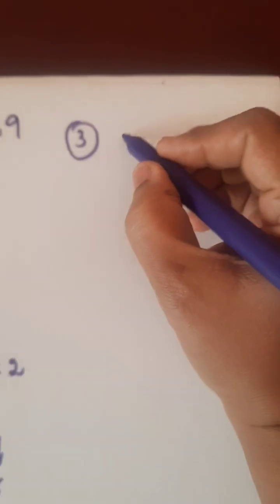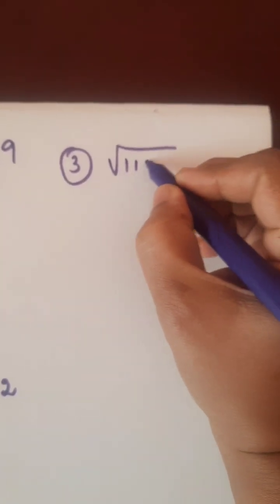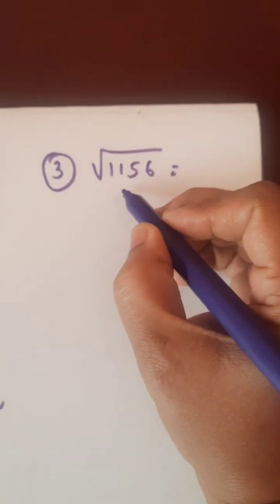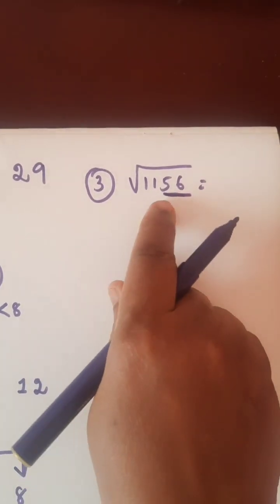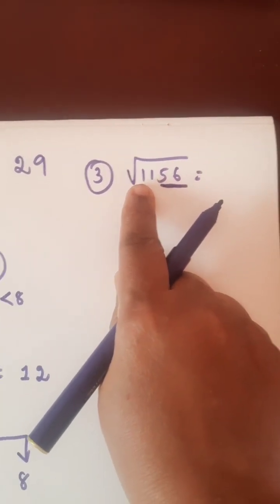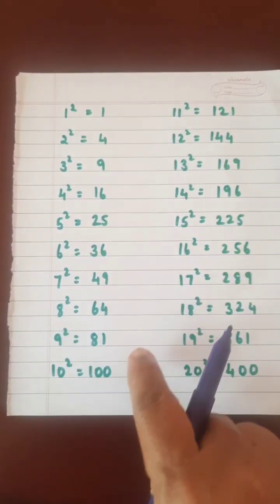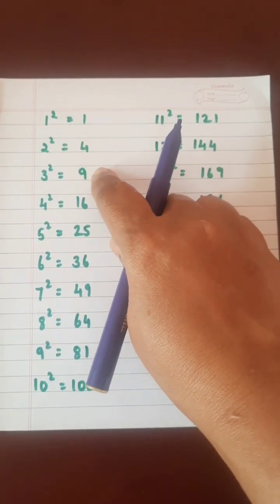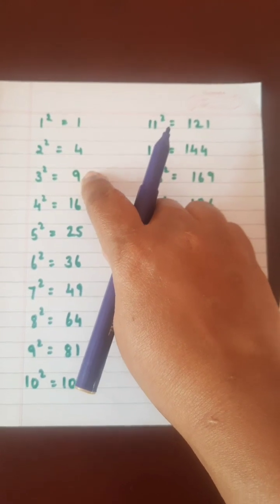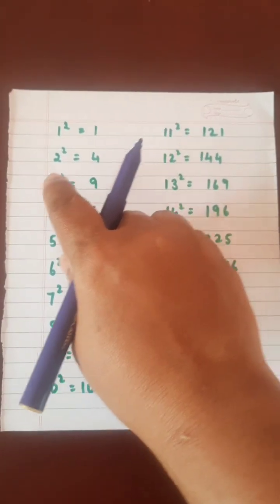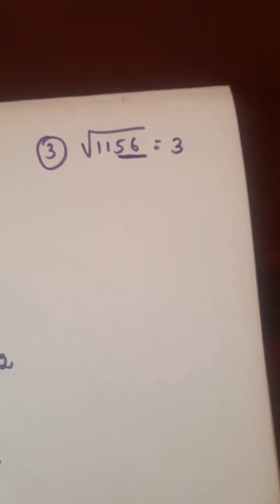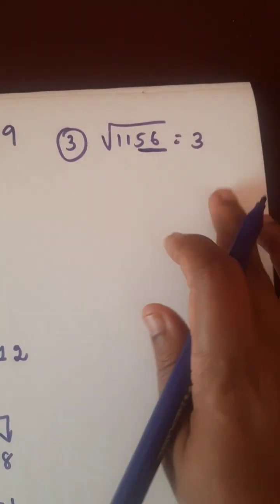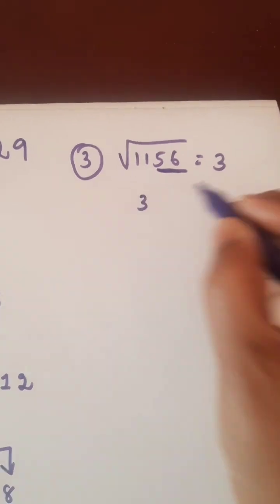Third example, root of 1156. As usual, we take the last 2 digits and segregate the remaining, which is 11. What is the nearest square number for 11? That is 9, so the square root is 3. I will write that 3 here. Now 3 is fixed.